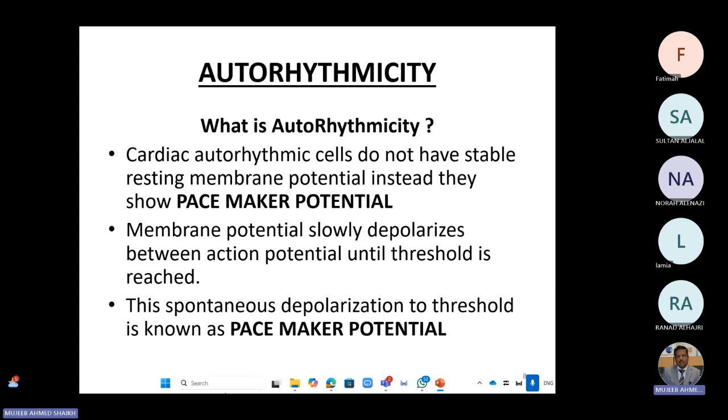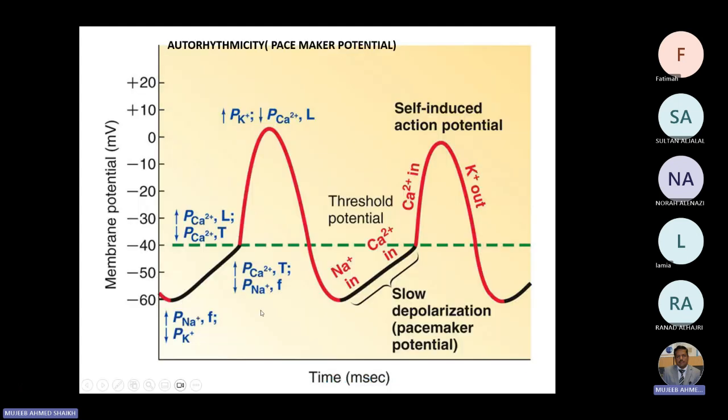In the SA node, whenever it comes to the resting level, it will move up. This is called pacemaker potential. I will show you in the diagram. So it doesn't have one smooth horizontal line. Whenever it touches -60, it starts to rise up to -40, which is the threshold.